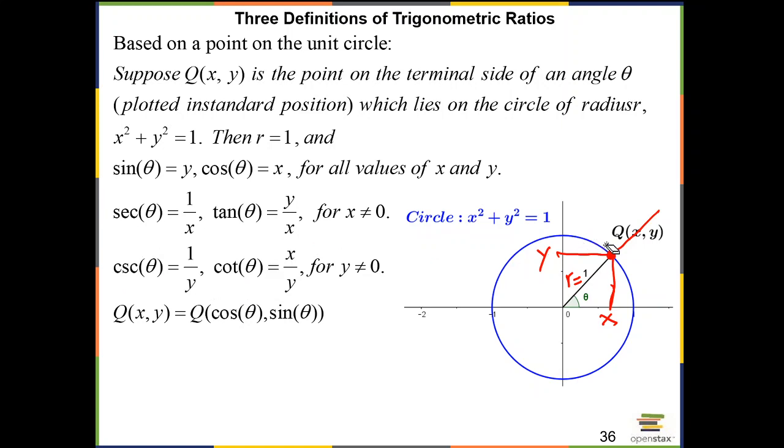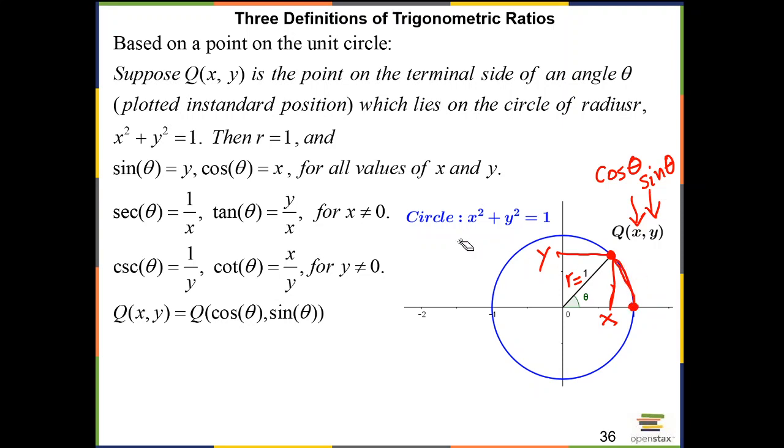All right? So now notice here that x is actually the same as cosine of that angle, and y is actually sine of that angle. And we knew that already on a unit circle. The x coordinate is cosine of the angle, and the y coordinate is sine. And now, since the circle is a unit circle, we can think of the angle as arc length.